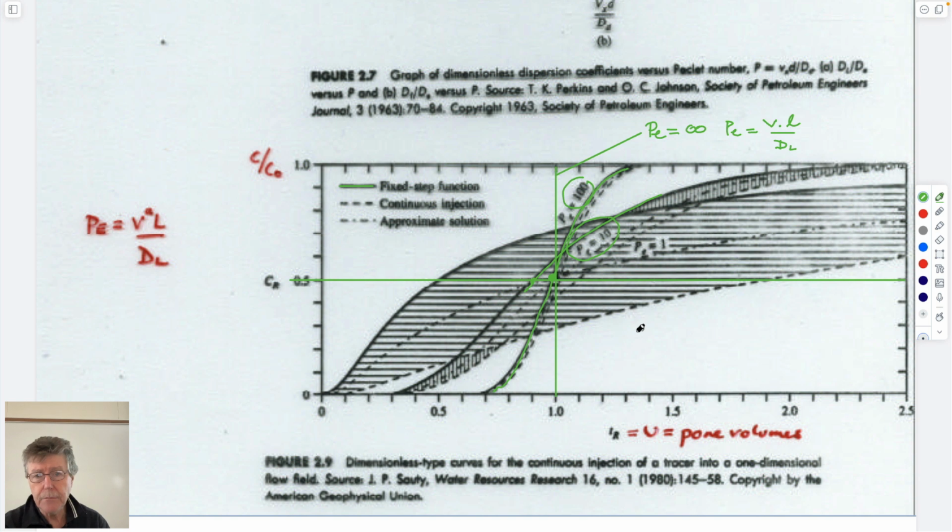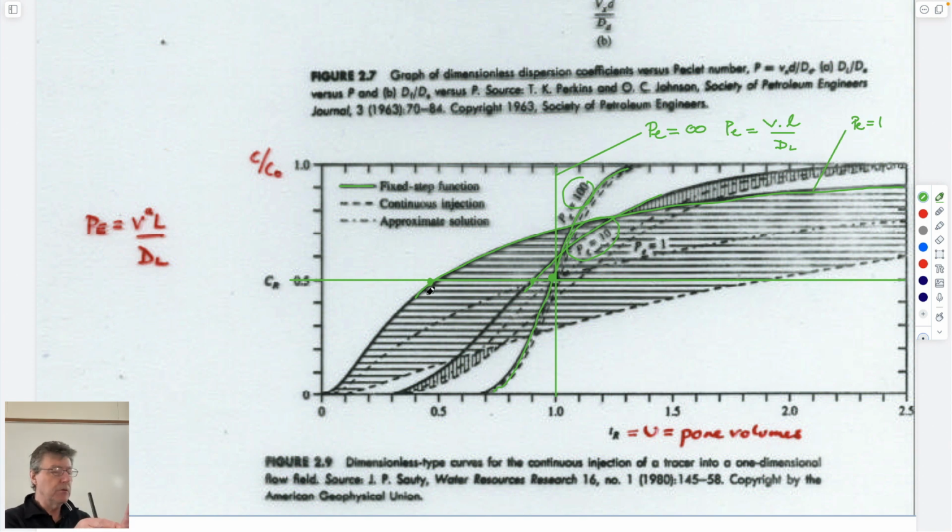And if the Peclet number is equal to 1, then it's this curve here. And of course, this curve is way ahead of that, right? So you filled up the core to half a pore volume.